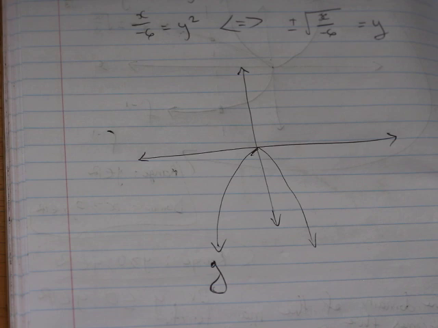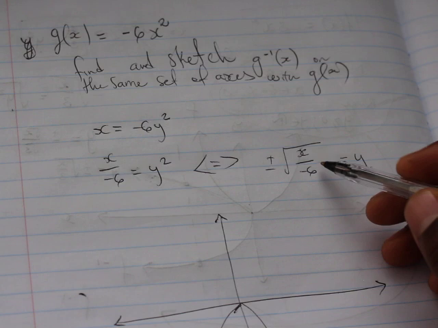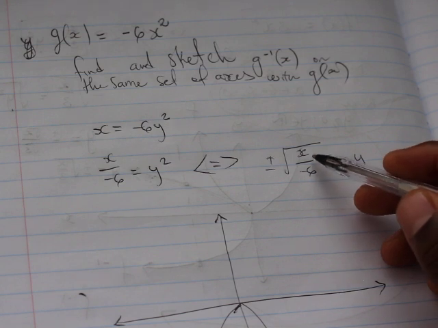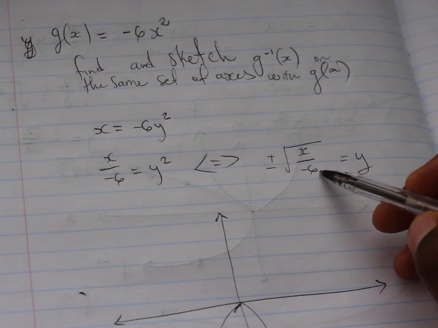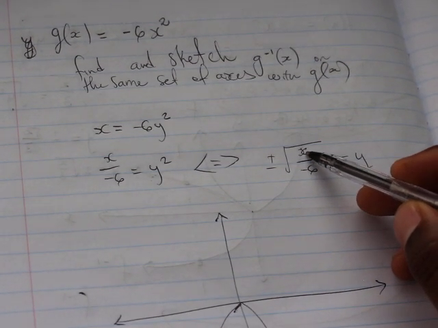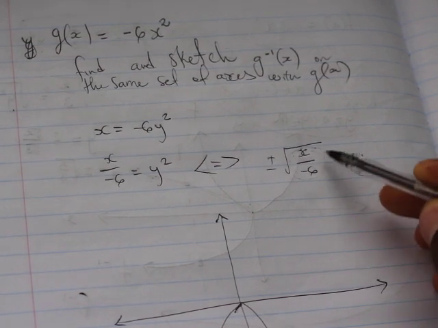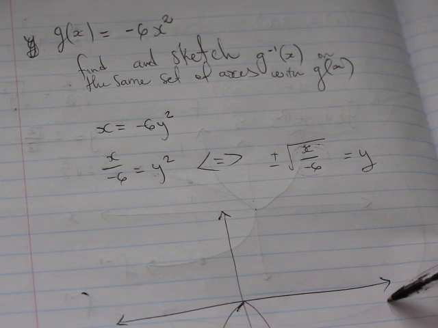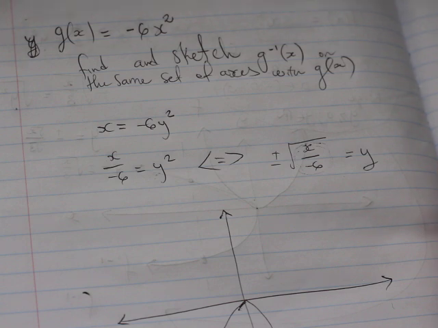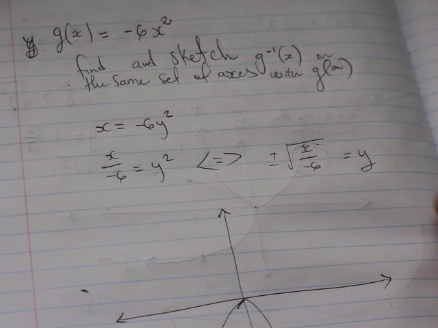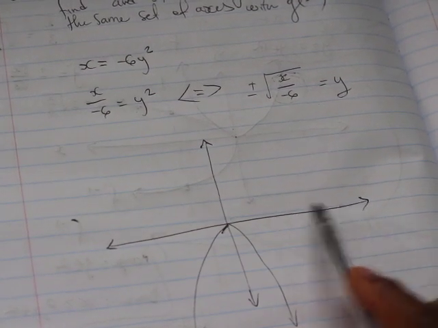But if you look at this function, you can see that x cannot be positive. Because if you put a positive value of x here, this whole thing becomes negative. And remember the square root of a negative number, you don't want to go down that route. So we can plot our function this side.